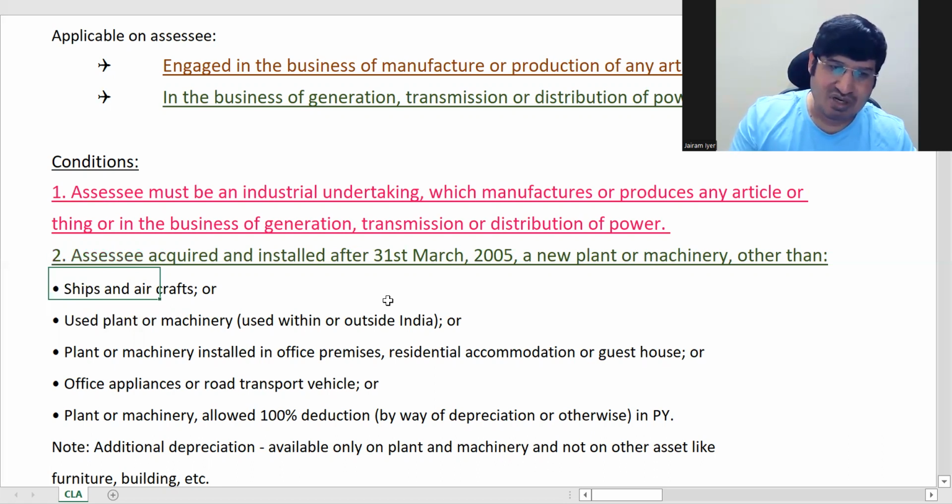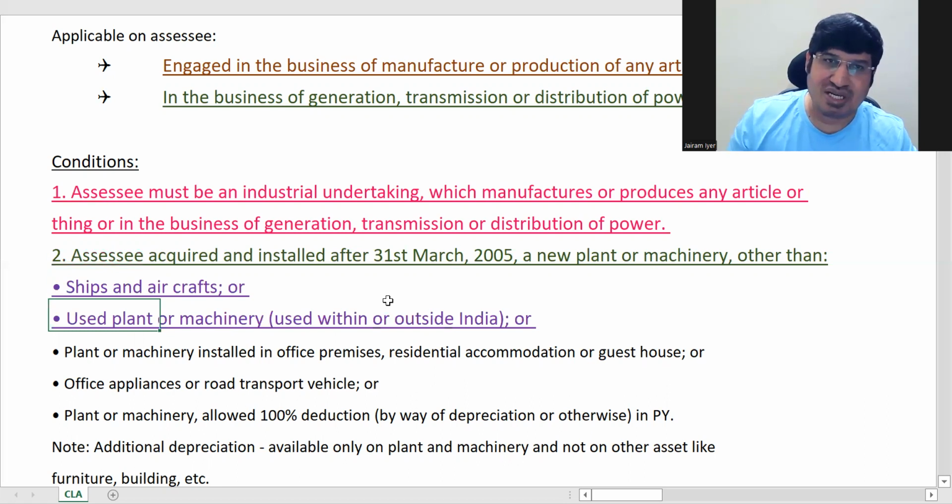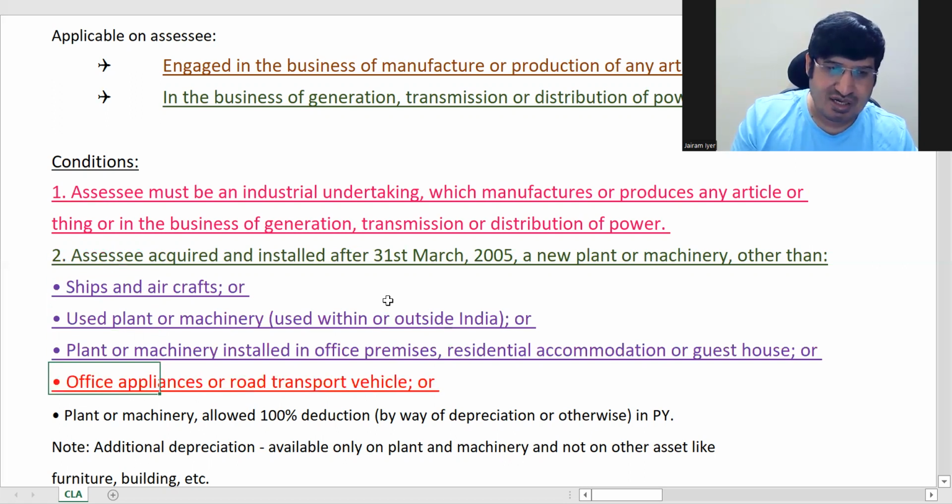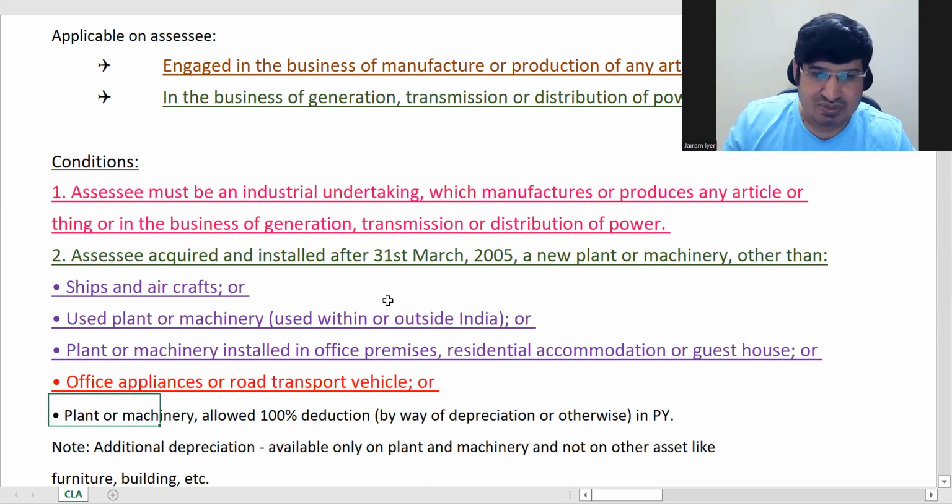You have to remember this list because in many cases it will be repeated. Ships and aircrafts, used plant and machinery, used within or outside India, and installed in office premises, residential accommodation or guest house. And office appliances or road transport vehicle, any road commuting vehicle.